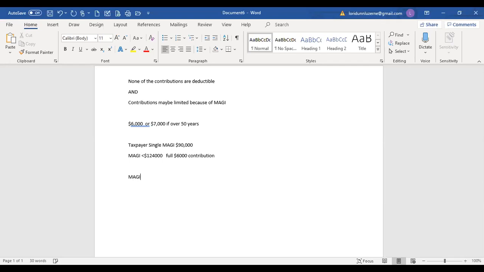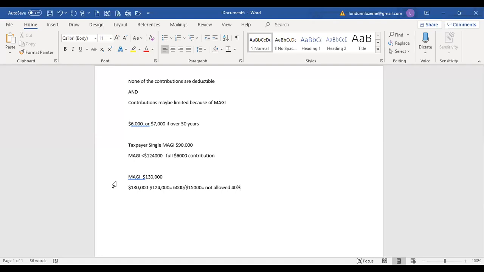What if their MAGI, for this single individual, ends up being $130,000? Well, now we say, okay, $130,000 minus the lower end of the phase out. So there's $6,000 above the phase out, and the phase out is over a $15,000 range, 124 to 139. So 6,000 divided by 15,000, they are not allowed 40%.